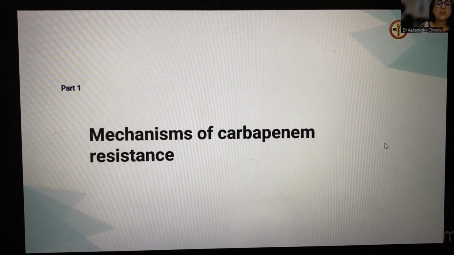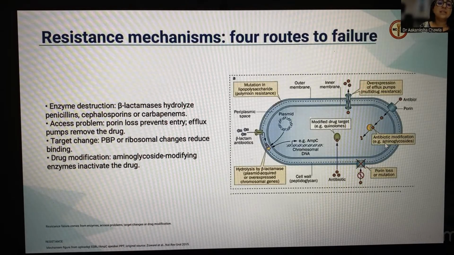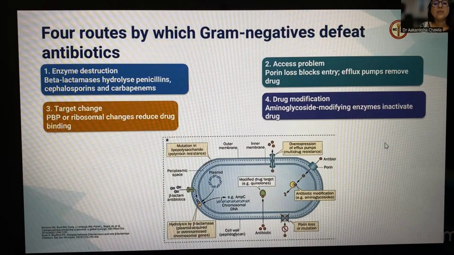So, let us begin with understanding the mechanism of carbapenem resistance. The key routes which lead to failure, the resistance mechanisms, are enzyme destruction, access problem, target change, and drug modification. When we look at enzyme destruction, your beta lactamases hydrolyze penicillins, cephalosporins, and carbapenems.